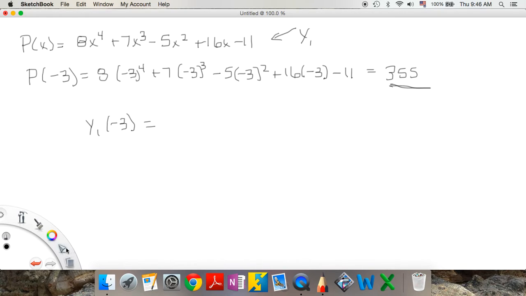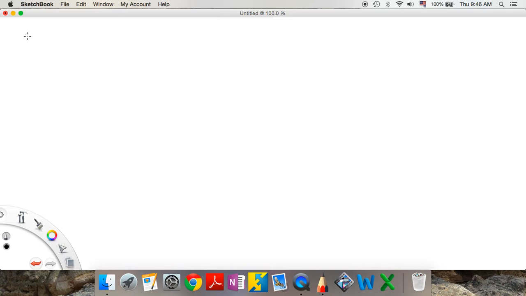Now, sometimes with polynomials, like for example, we've done a problem like this before, where we had to add or subtract polynomials. So let's say we're given that p of x is 12x cubed plus 11x squared minus 9x plus 10, and q of x is equal to 4x squared minus 3x plus 2.